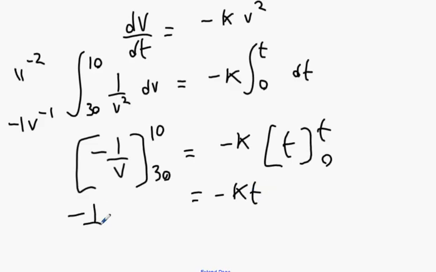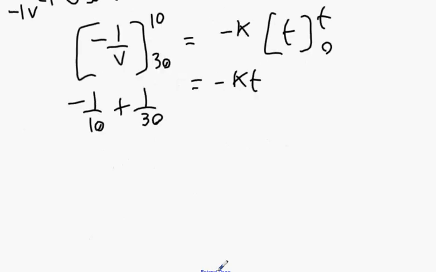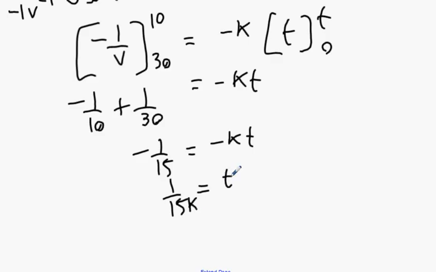This one here is minus a 30th plus a tenth, which is going to give me a 15th. It's minus kt. Reverse the signs, 1 over 15k equals t.